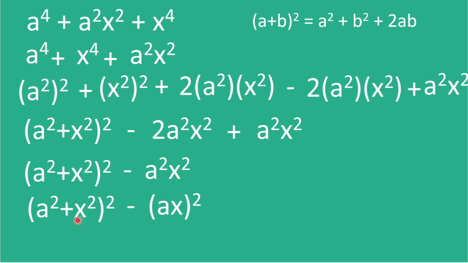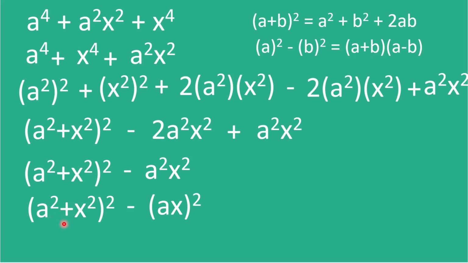Now here this is in the form of a square minus b square, which is an algebraic identity. This identity a square minus b square is equal to a plus b into a minus b. So we will expand this part of the question according to this formula.